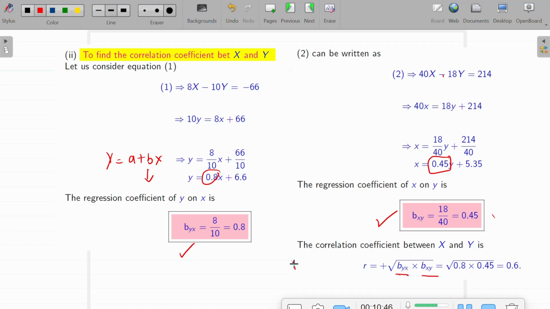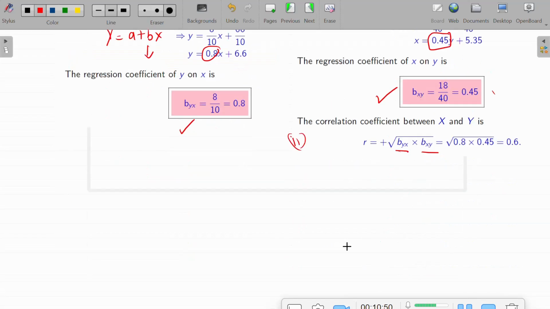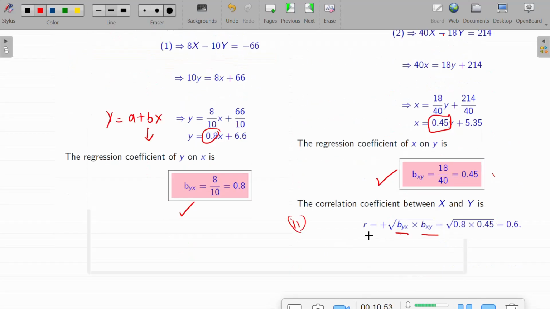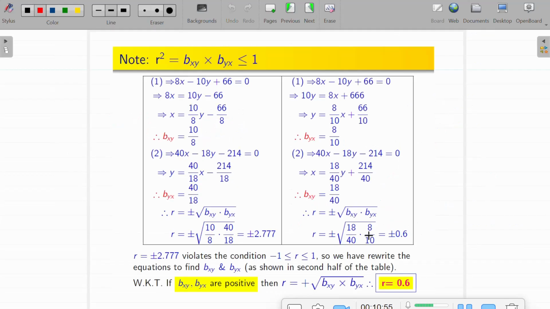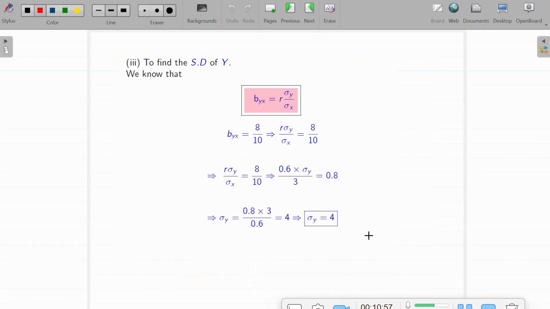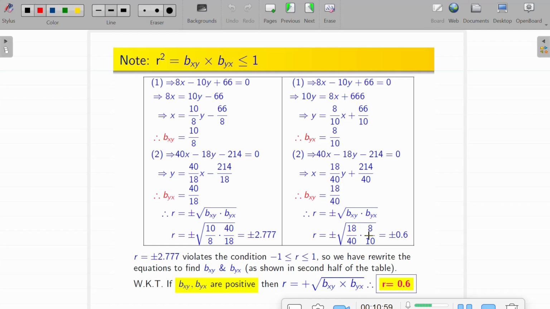So the second problem is over. The third one is to compute the standard deviation of y.